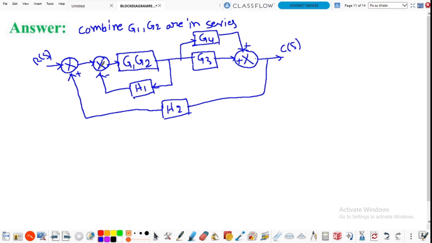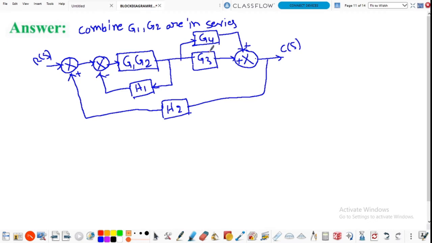After that, eliminate the parallel blocks and minor feedback loops. In this diagram, G3 and G4 are parallel blocks.